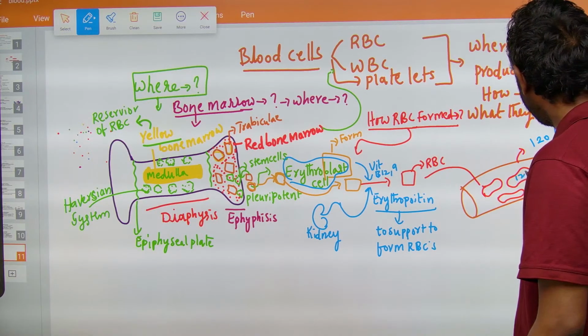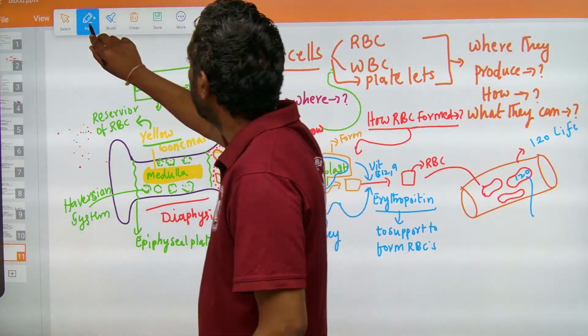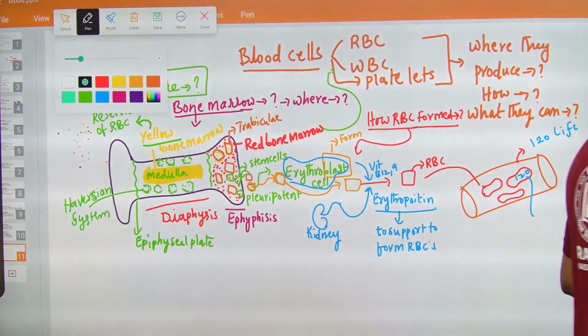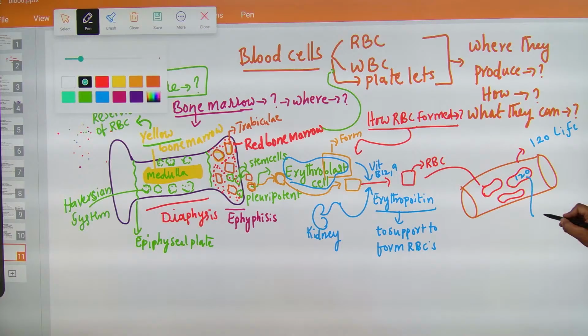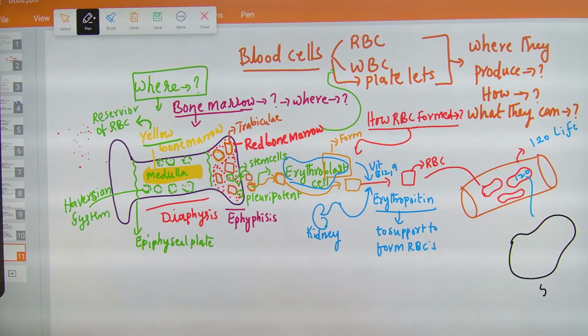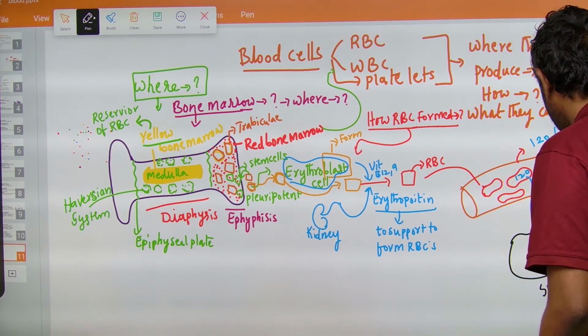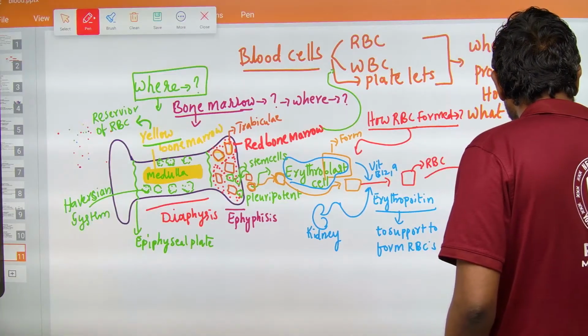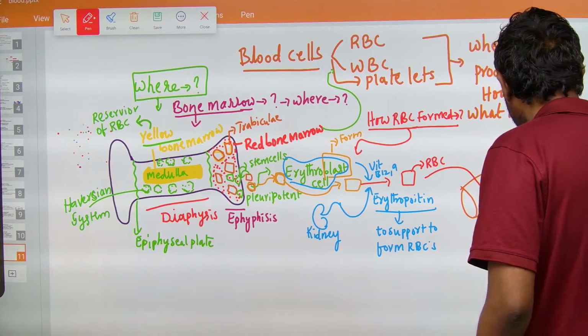After 120 days, they reach the spleen. The RBCs finally reach the spleen.